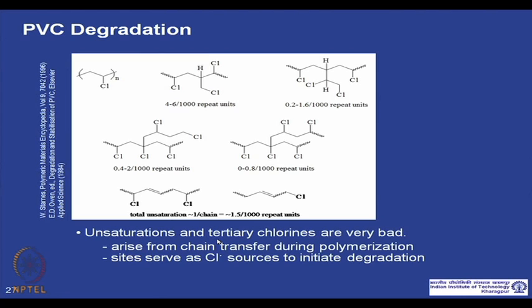So, the unsaturation and the tertiary chlorines are very bad for thermal stability of polyvinyl chloride, and this unsaturation or the presence of terminal chlorine arises due to the chain transfer reaction during polymerization, and it is very difficult to avoid those reactions, and these sites serve as chlorine radical source which basically initiate the degradation.